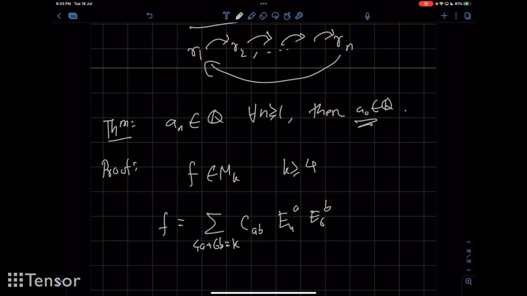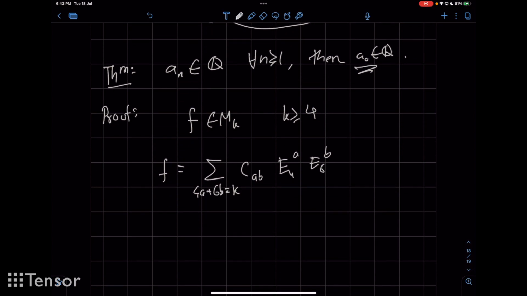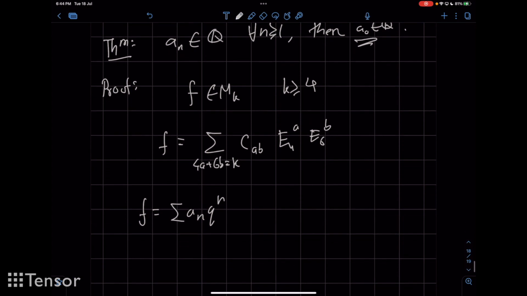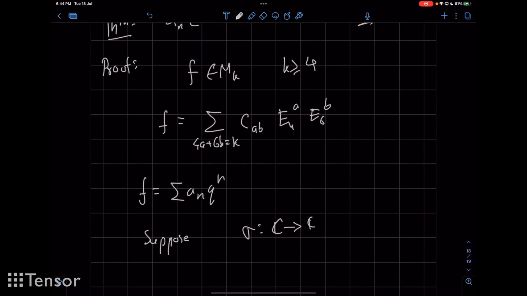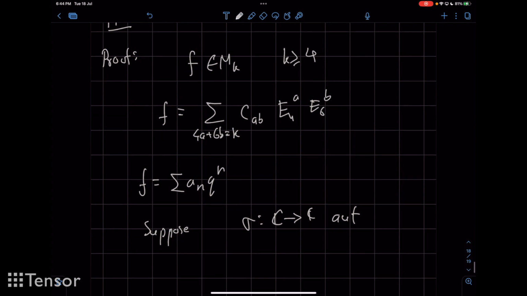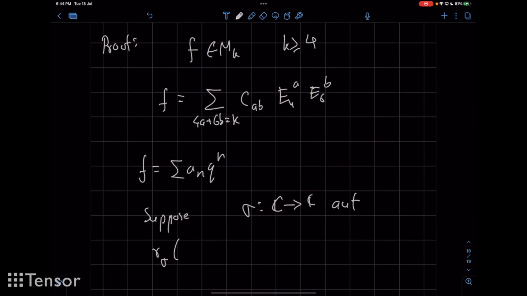These are the Eisenstein basis. And also, f is the sum of a_n q^n, right? So suppose sigma is a field automorphism of C. Then we define R sigma of f. It's basically taking all the coefficients to their counterparts in the image of sigma: the sum of sigma of a_n q^n.